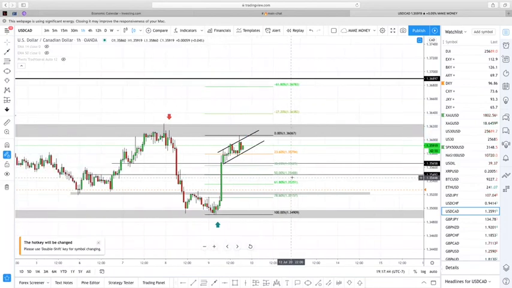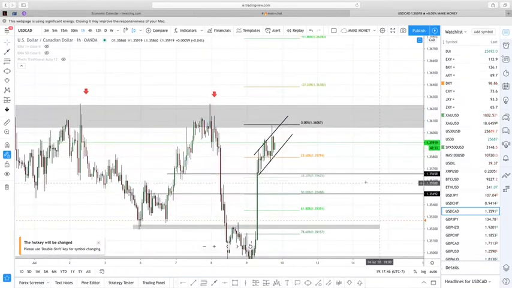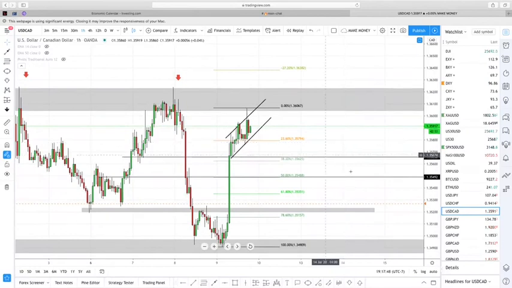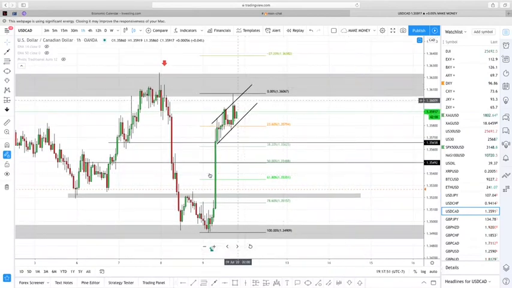our bias can be somewhat of a sell, especially coming off of our fib, okay?